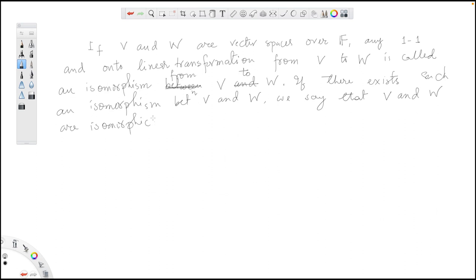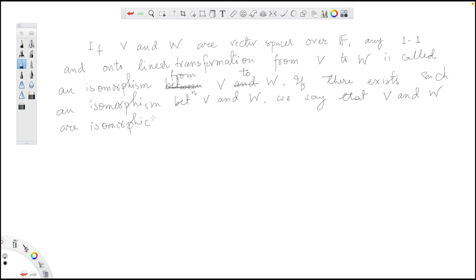Now as an example, note that V is trivially isomorphic to itself. So what is an isomorphism from the vector space V to itself?